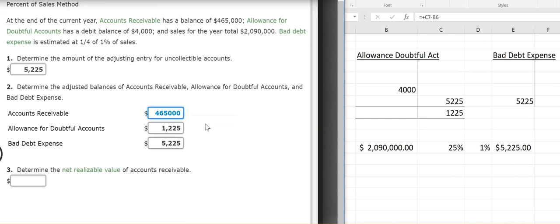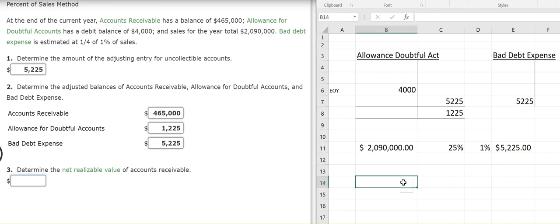Okay, and then the net realizable value, remember the net realizable value is the account receivable minus the allowance account. So since the allowance account has 1,225, I would say that the net realizable value will be $465,000, which is the amount that they're telling me here, account receivable, minus the 1,225.